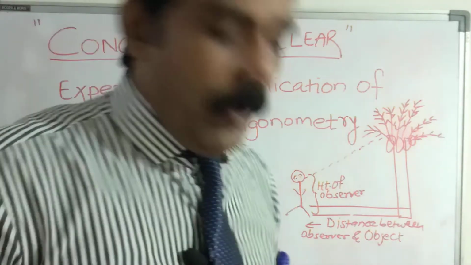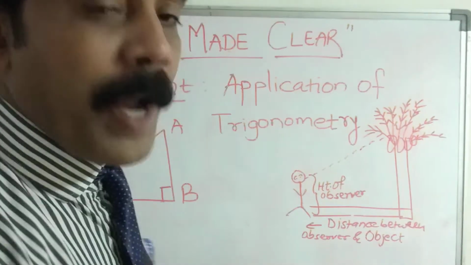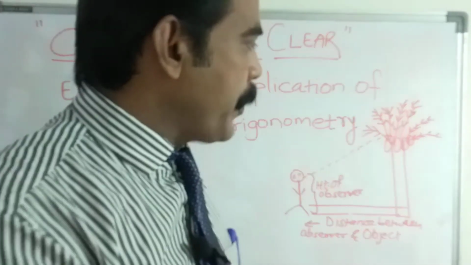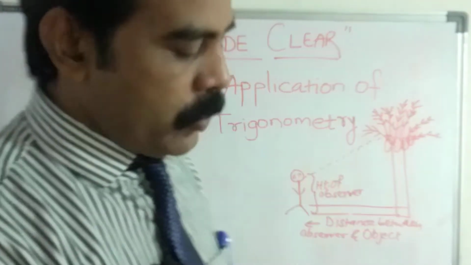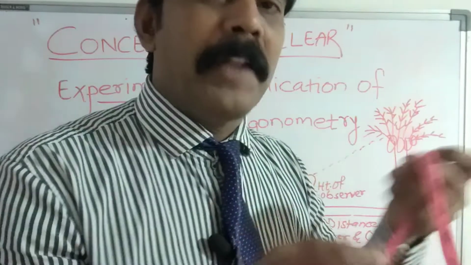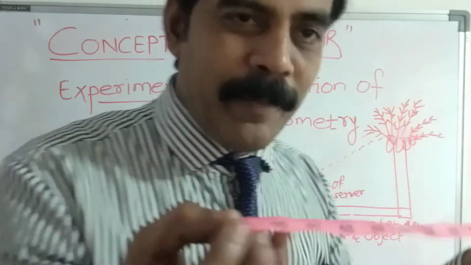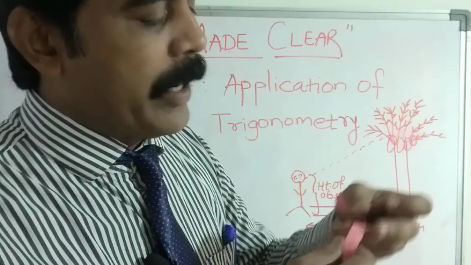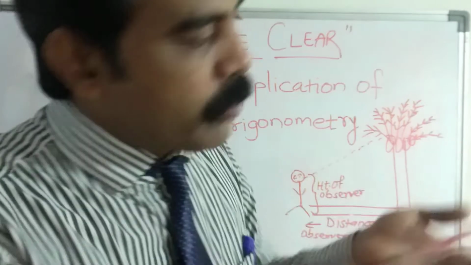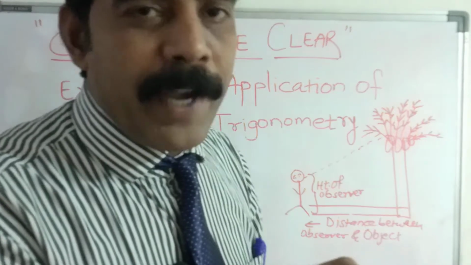First we'll find the distance between the observer and the object whose height you want to find. With the help of a measure tape, see this measure tape I'm using. In the lockdown, this is the only one available at home. You can purchase a nice measure tape which can measure at least 10 to 20 meters.